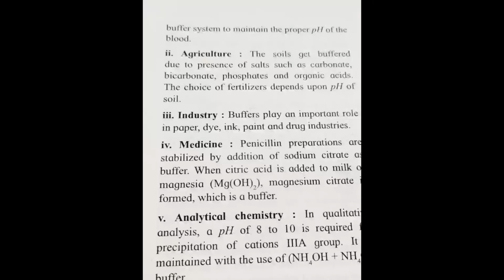Fifth is analytical chemistry. In qualitative analysis, a pH of 8 to 10 is required for precipitation of cations of third A group. It is maintained with the use of NH4.